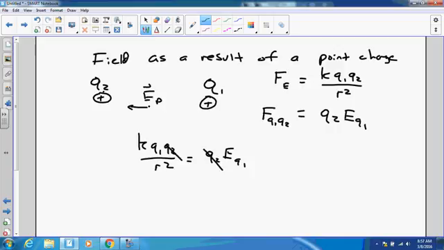Cancel, cancel. And behold, the field that is exerted by Q1 is equal to K Q1 over R squared in terms of magnitude. And it's not an accident. We just showed that it comes right out of Coulomb's law.